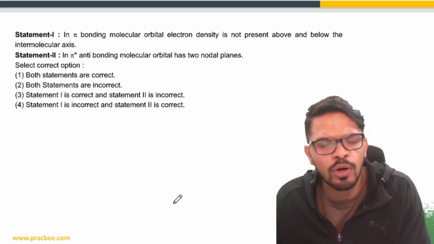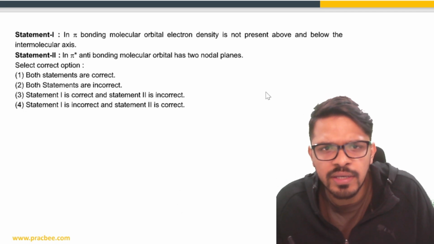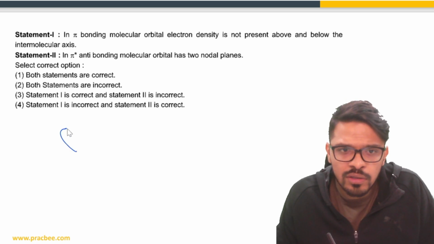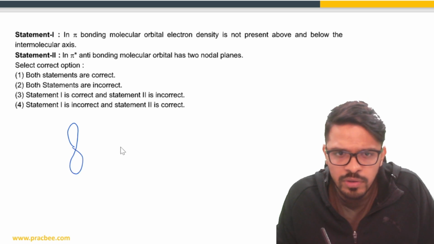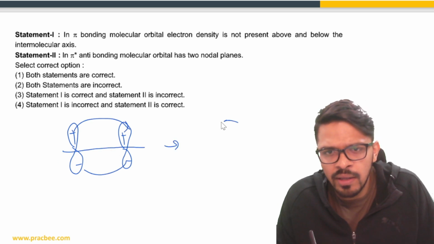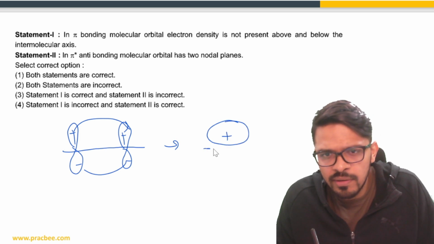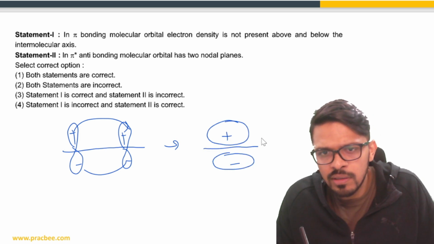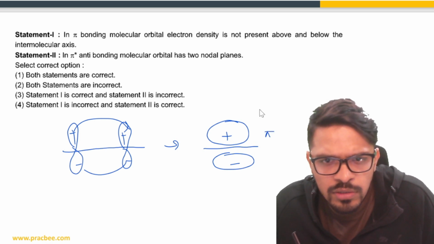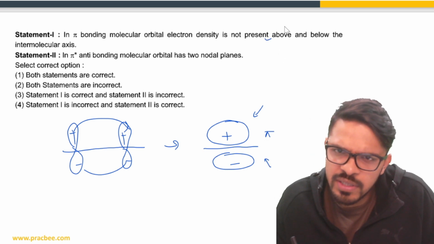Next, in pi bonding molecular orbital, electron density is not present above and below the intermolecular axis. If we talk about the pi bond, how is it formed? We basically have plus, minus, plus and minus. This is bonding, so eventually these two will overlap. This is pi bonding, so electron density is present above as well as below.